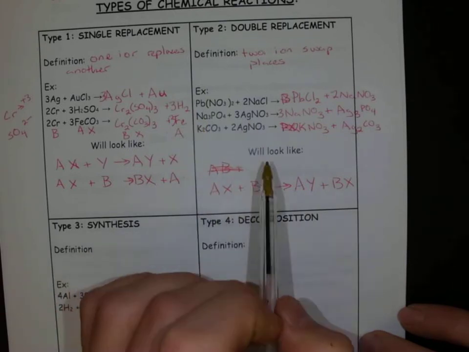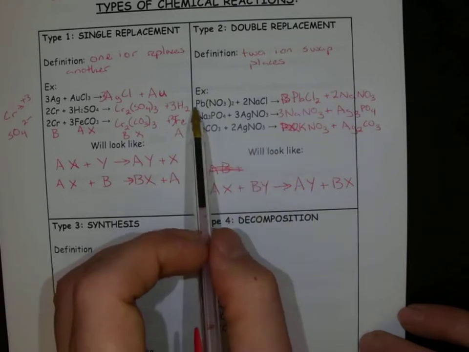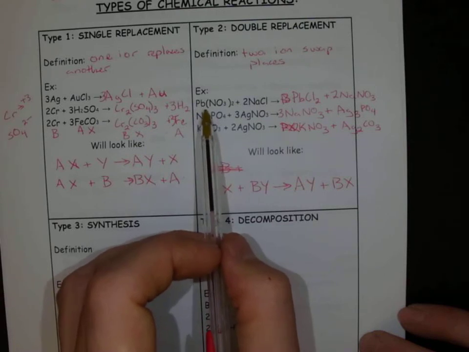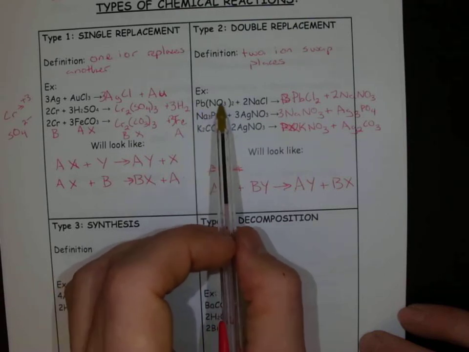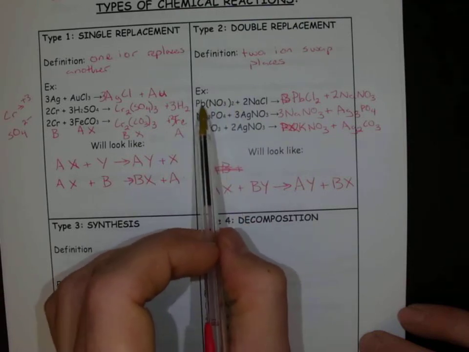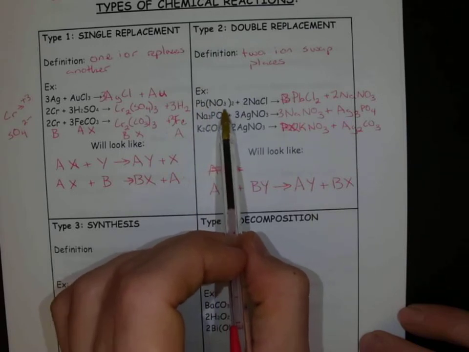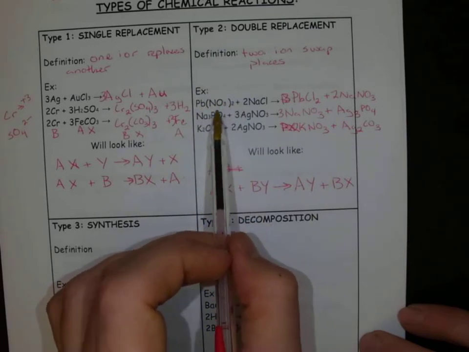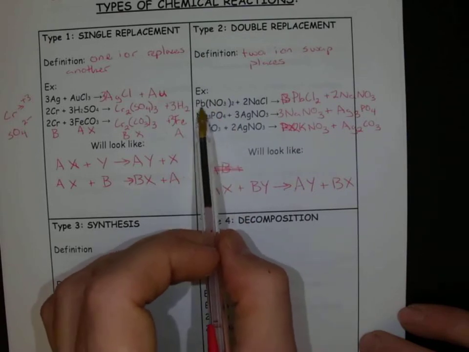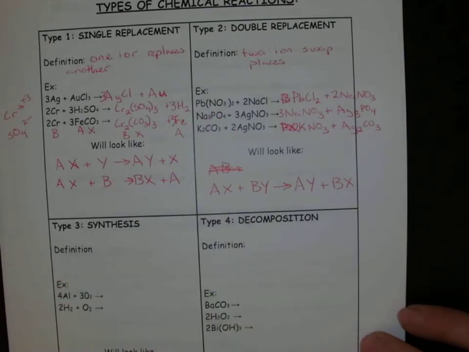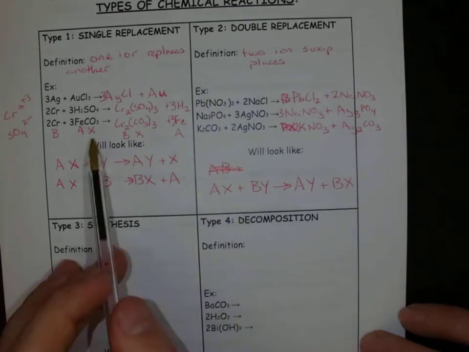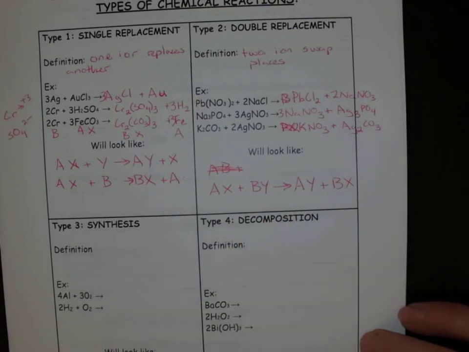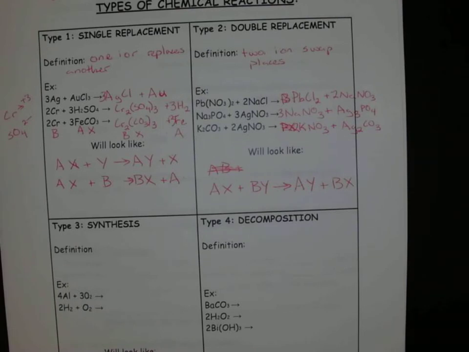If we know silver, that's always +1. But our transition and our post-transition metals, we have to look at the anion that it's combined with to know what the charge is. So nitrate is a -1. I've got 2 of them. So this has a -2 charge overall. To balance that out, lead has to have a +2 charge. Okay? So make sure that we look at the charges so that we know what compound we have. Okay? I'll be back in a second.